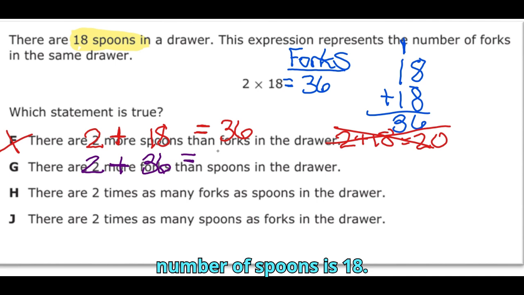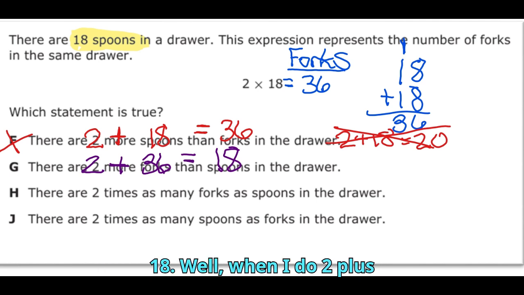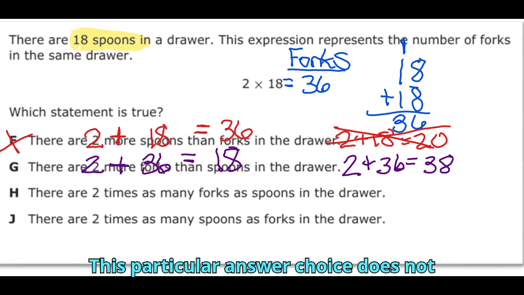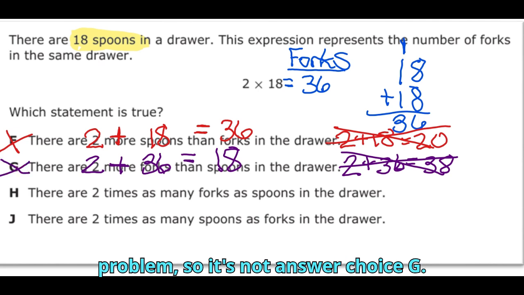The number of spoons is 18. So this is saying that 2 plus 36 equals 18. Well, when I do 2 plus 36, that equals 38. This particular answer choice does not represent what's happening in the problem, so it's not answer choice G.